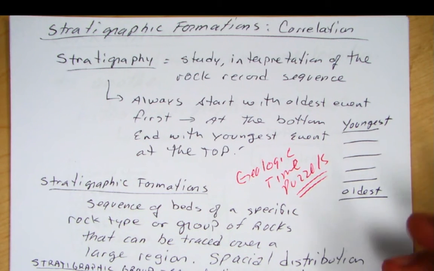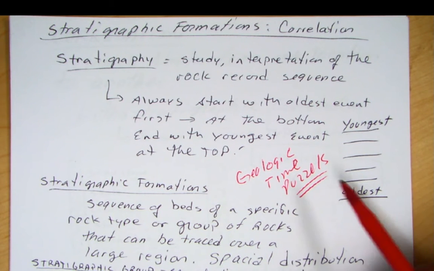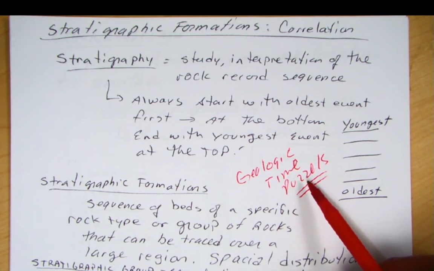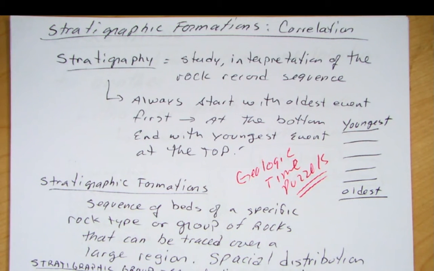There will be several of these quizzes; I have at least three that I'll put on the exam. And not only do we use the relative time principles, but the unconformities are really important too. So let's look at some of these here.